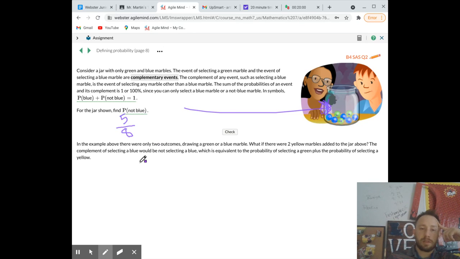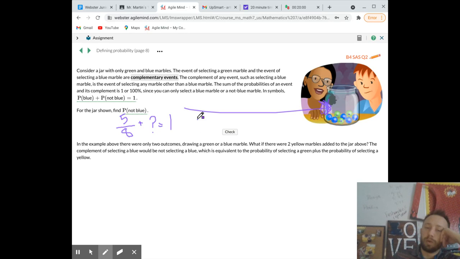Now, if we know that 5/8 plus the not blue equals 1, what could we do to find out what is the not blue? What could you do to get your answer? Count the green. You could, that's one way. Or you could do 1 minus 5/8, right?